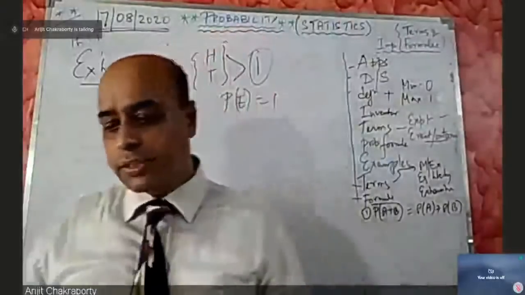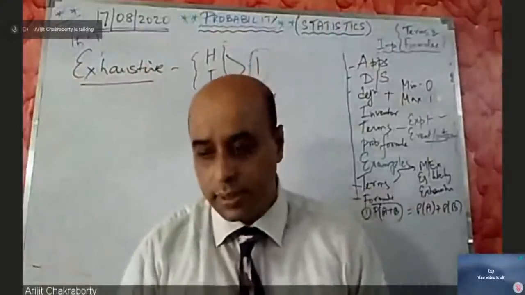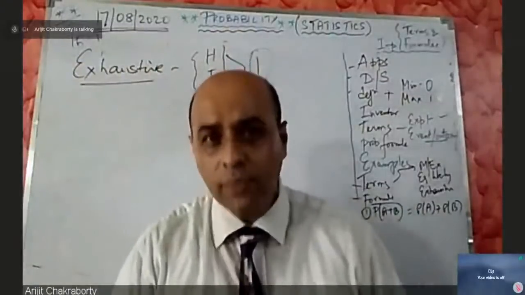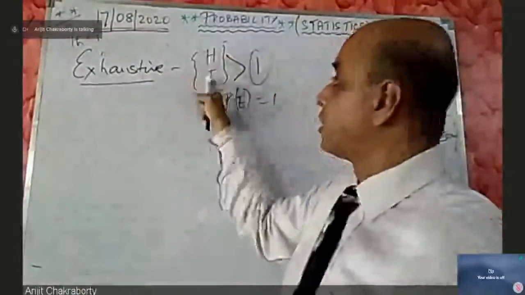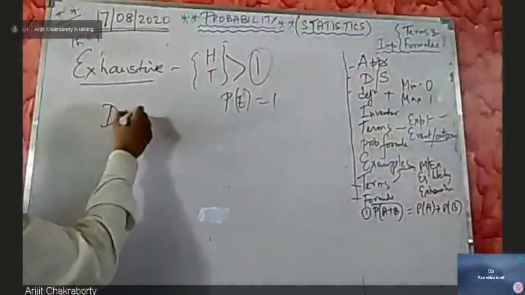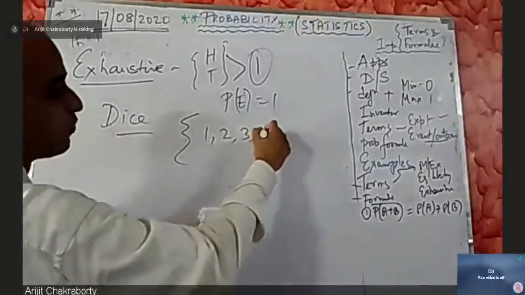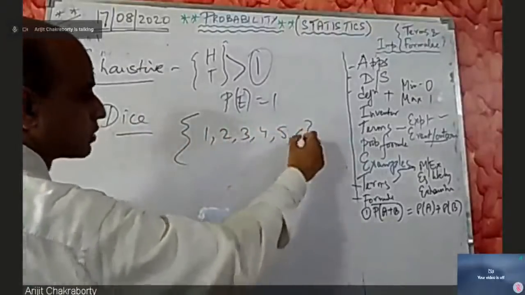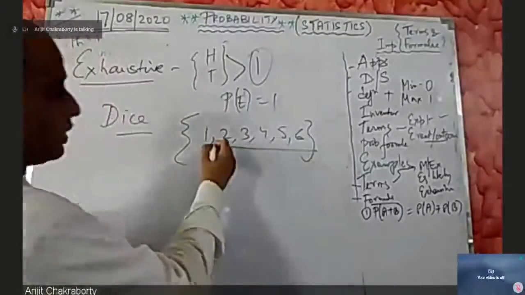So exhaustive events means that when you carry out any experiment, one of them has to occur and no other event outside head or tail can occur. So if I say for a dice, when I throw a dice, the sample space is what? 1, 2, 3, 4, 5 or 6. Each of them is an outcome.